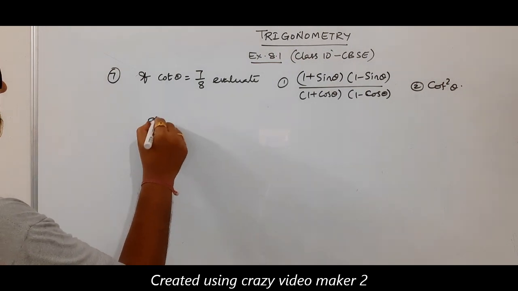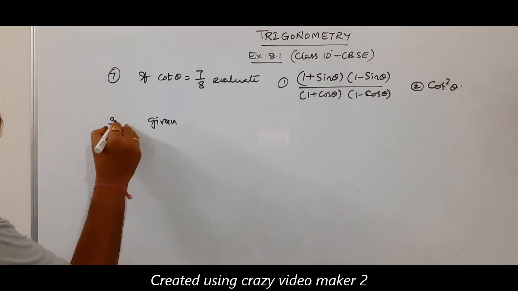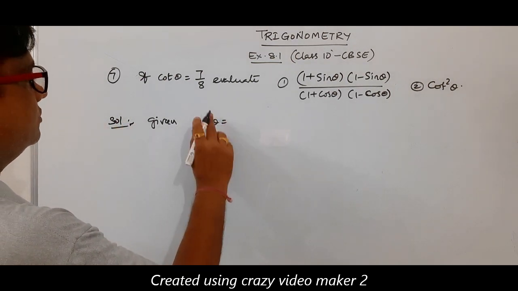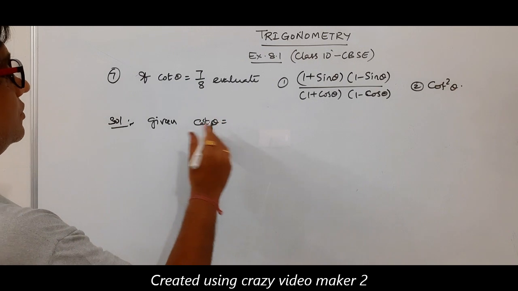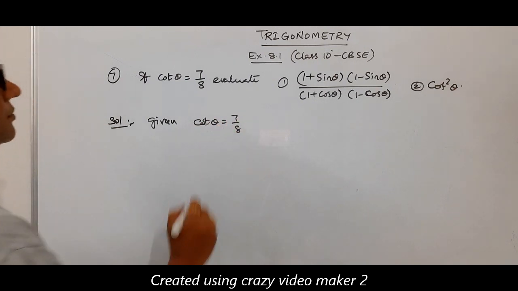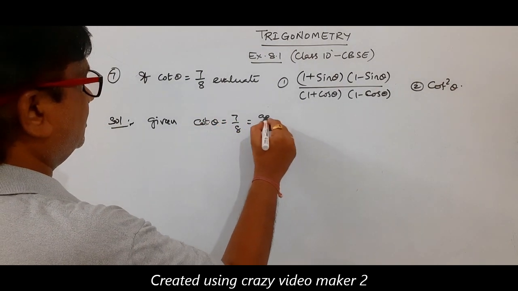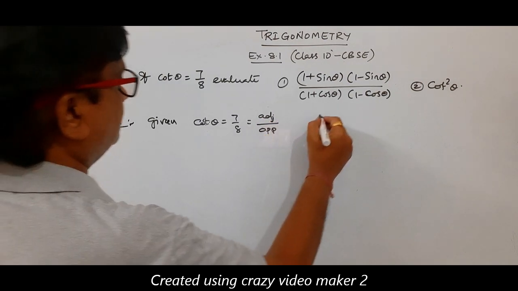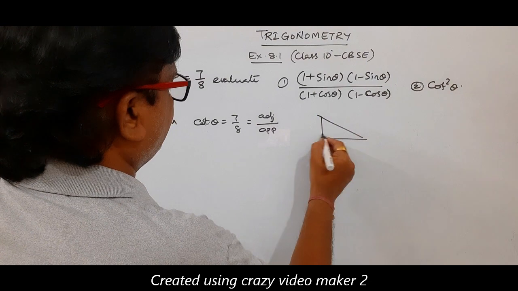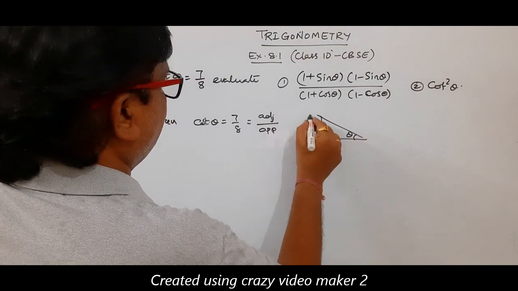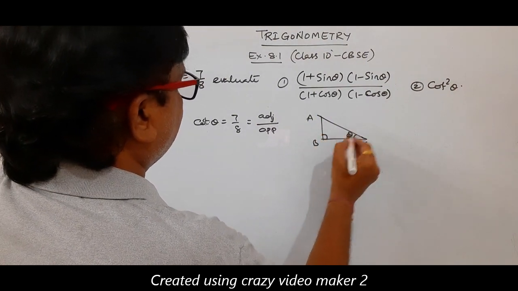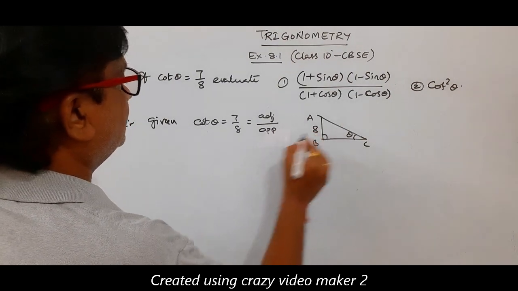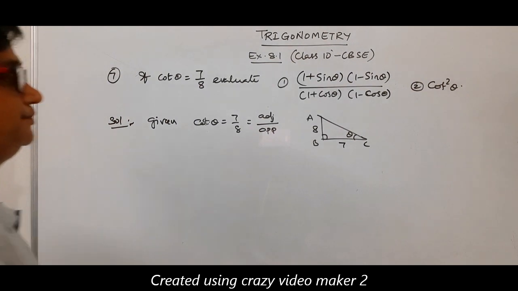So the given solution: cot theta equals 7 by 8. That means cot theta is adjacent by opposite. So let there be a triangle ABC with angle theta. Opposite is 8 and adjacent is 7.